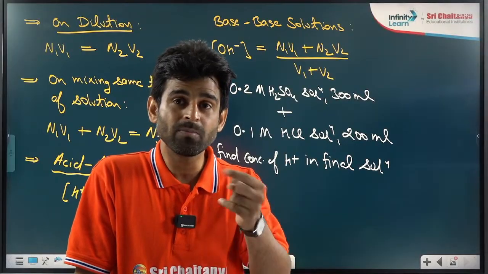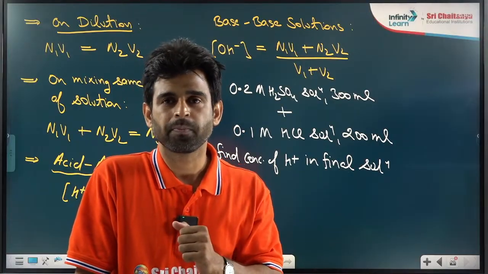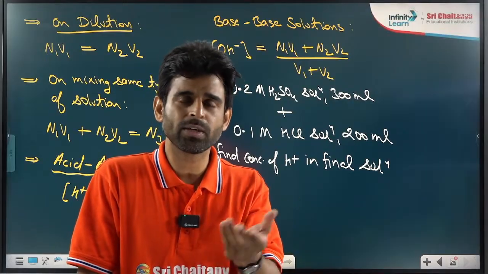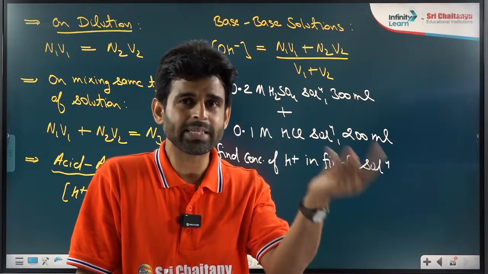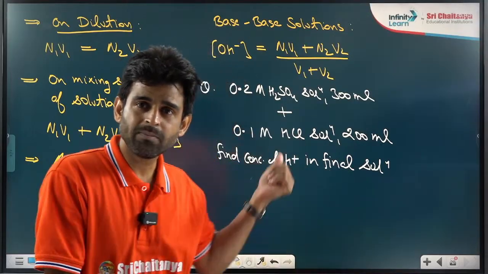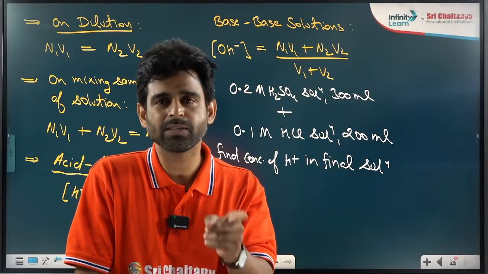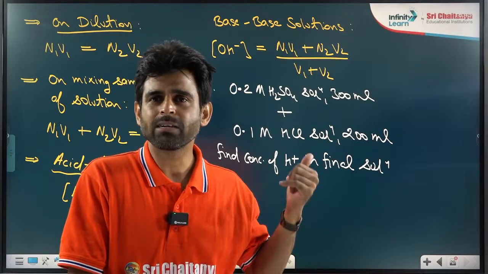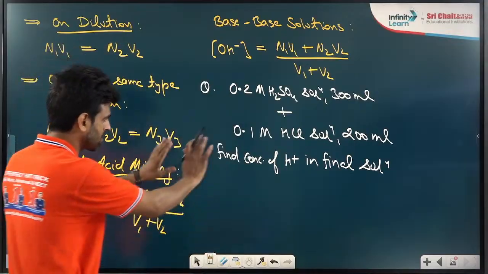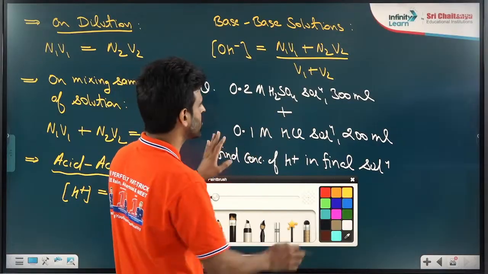When they give initial normality and ask final normality, use N1 V1 equals N2 V2. But in acid-acid mixing, base-base mixing or acid-base mixing, use normality instead of molarity. I will take one or two questions tomorrow from this topic. Today time is less, so I am telling you this part. Don't solve it in molarity, otherwise you will make a mistake.